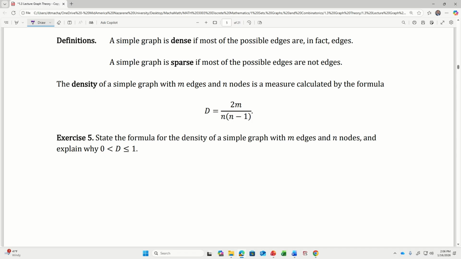Density ranges on a scale from 0 to 1, and the density of a simple graph, which means it's not directed, that has m edges and n nodes, has this formula. This is the density of a simple graph.